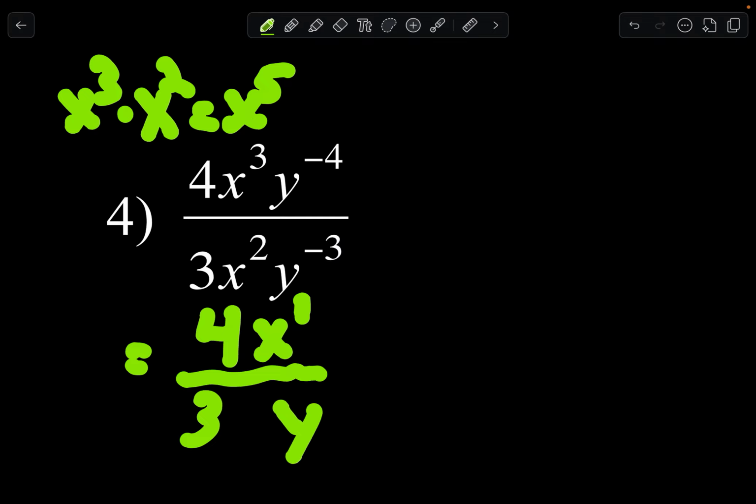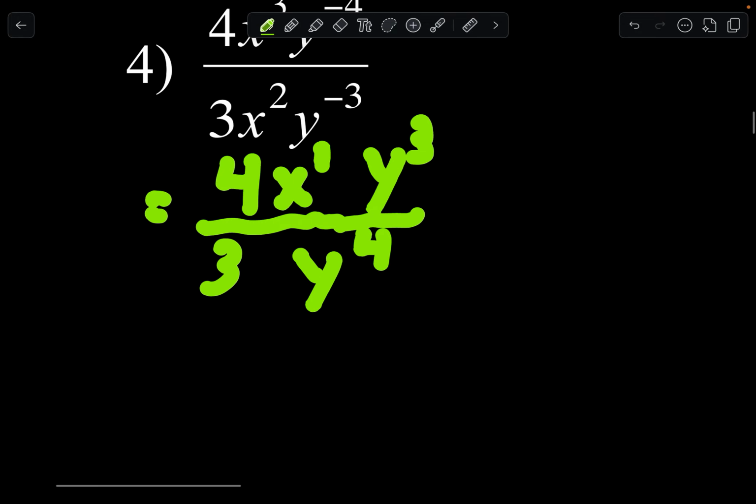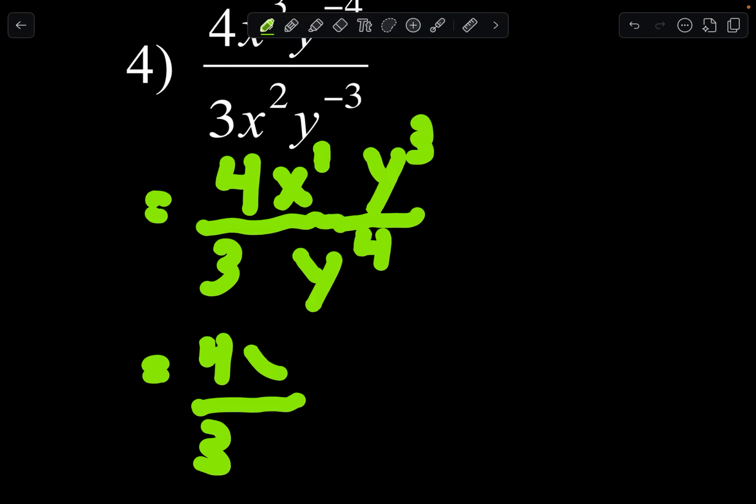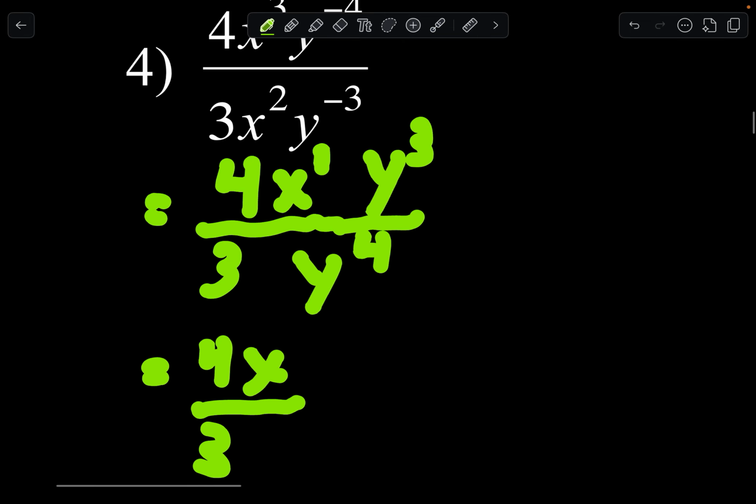So this is y to the fourth now, positive on bottom, and y to the third on top. Now that it's written like this, we subtract the exponents because we are dividing. And 4 minus 3 is 1, and the highest power is on bottom, and that's where the variable stays. And so that's the answer right here.